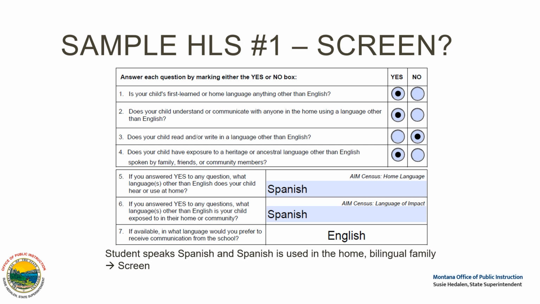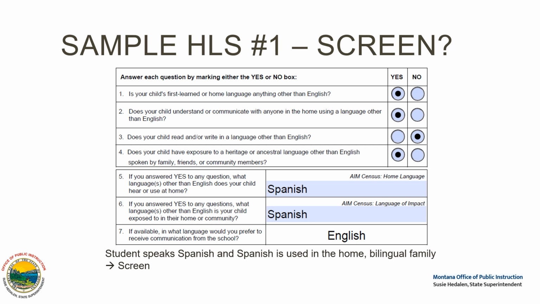This student you would screen. So you would screen the student because they understand and communicate in another language. We just want to ensure that they are able to understand and access academic work, academic curriculum.